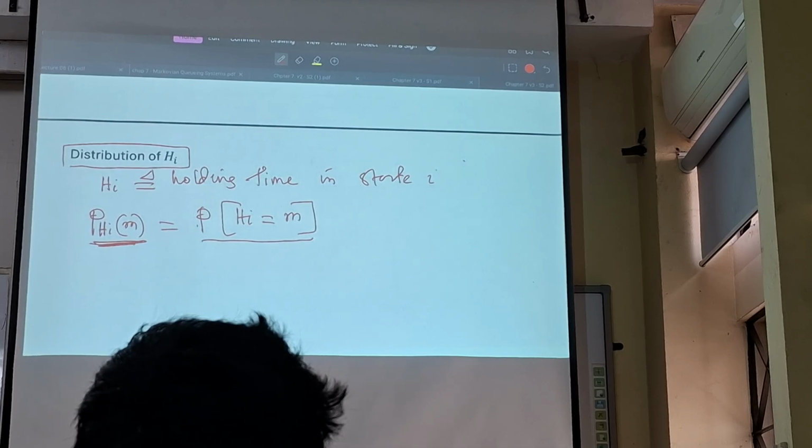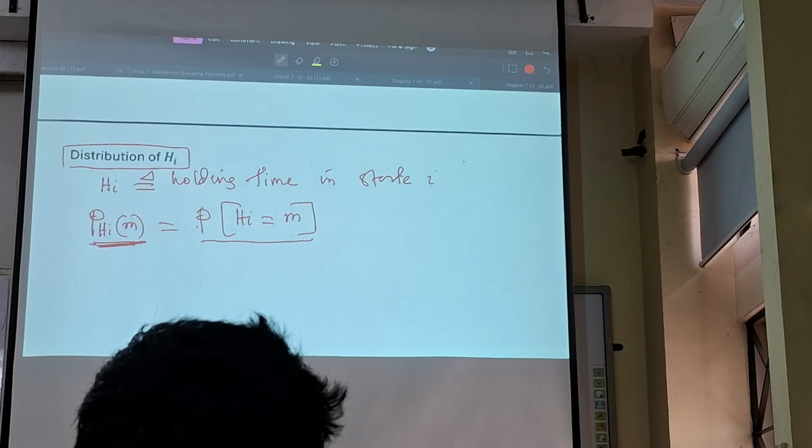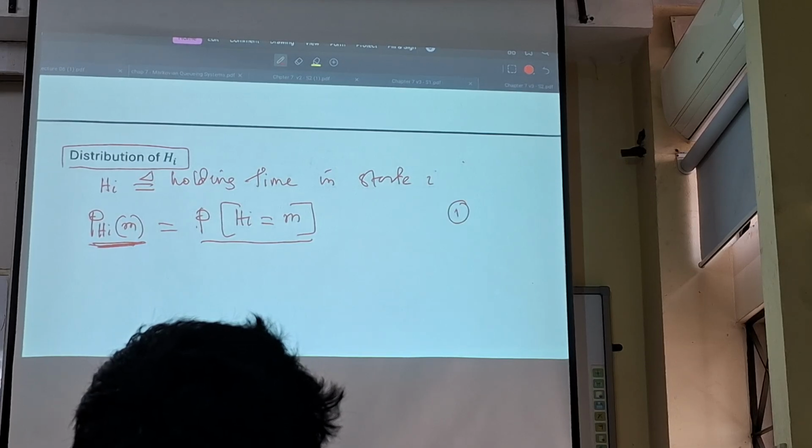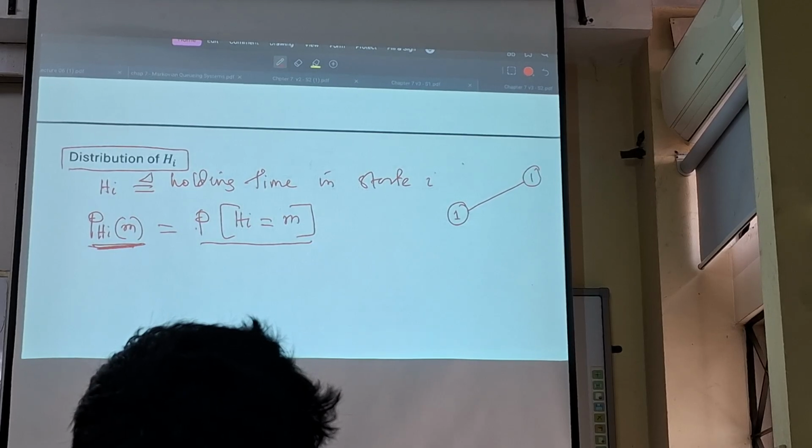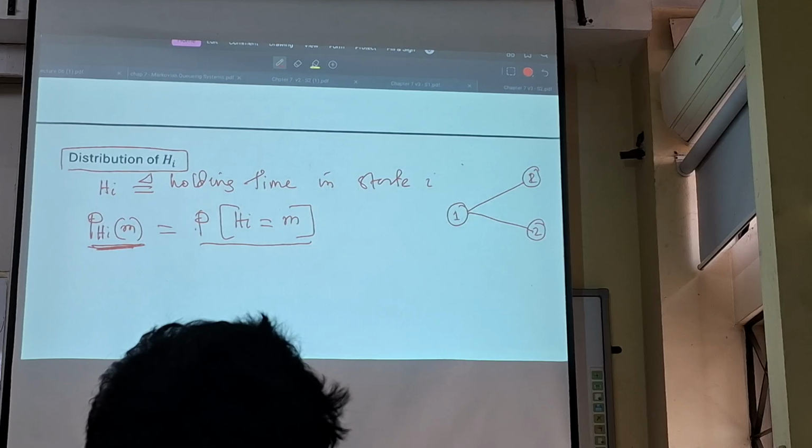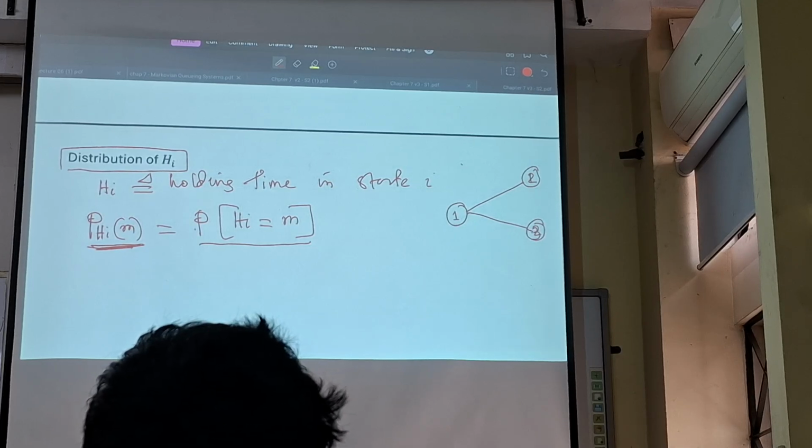That means, say there are two states. From state 1, you can go to either state 2 or state 3.